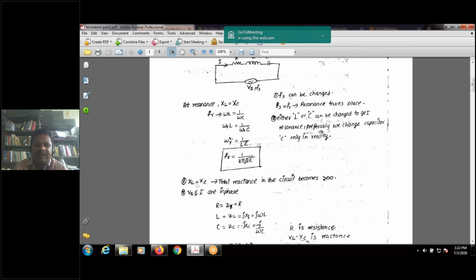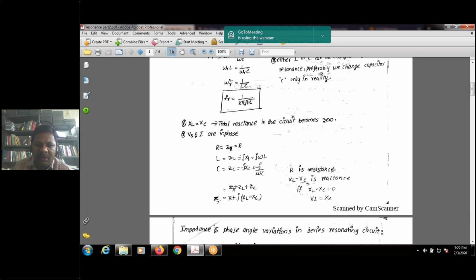Coming to the important points here, when XL is equal to XC, total reactance in the circuit becomes 0, and the applied voltage and resultant current are in phase. Okay, all right. Now coming to the total impedance in the circuit, Z is equal to ZR, that is equal to resistance. For inductor, ZL is equal to j XL, j omega L. For capacitor, ZC is equal to 1 by j omega C, that is equal to minus j XC.